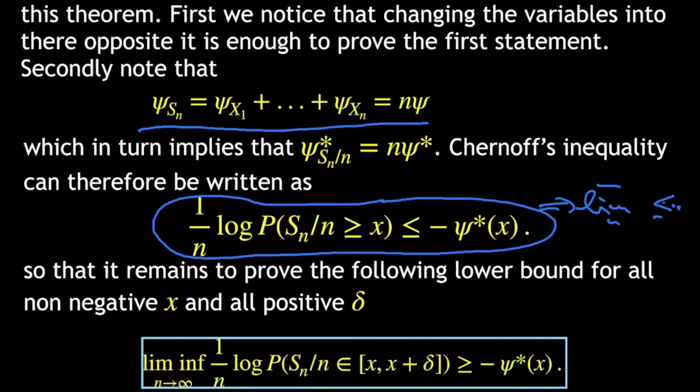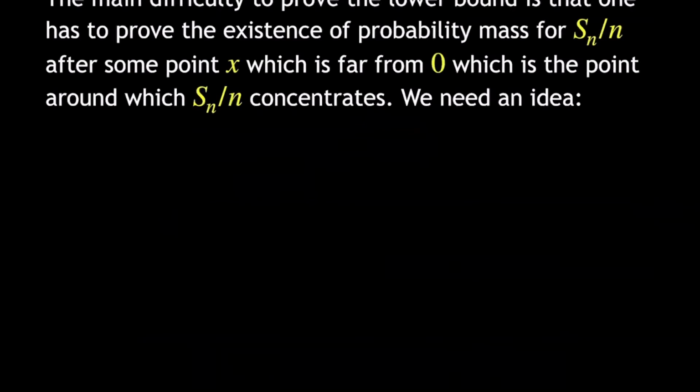So to prove that, we need an idea. The upper bound is easy. The lower bound is more subtle, and to prove it you really need some idea. So why is it subtle? It is subtle because when you look at Sn over n, its expectation is equal to 0.